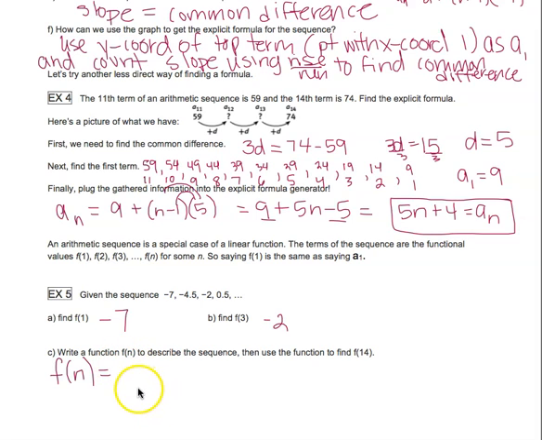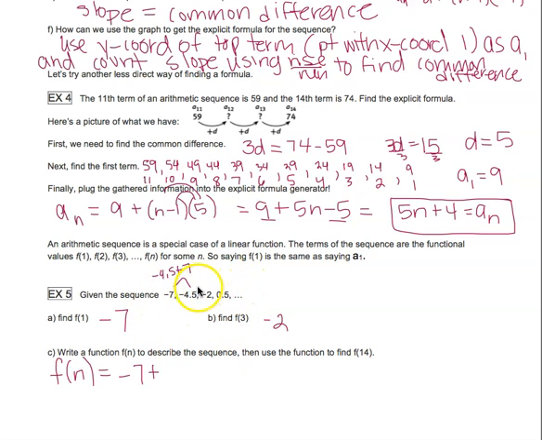It's still going to be first term, so -7, plus common difference, so that I need to find. So -4.5 minus -7, which means plus 7. So that should give me 2.5, I believe.